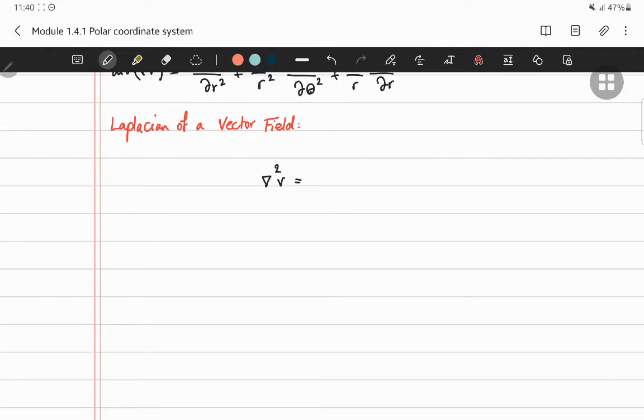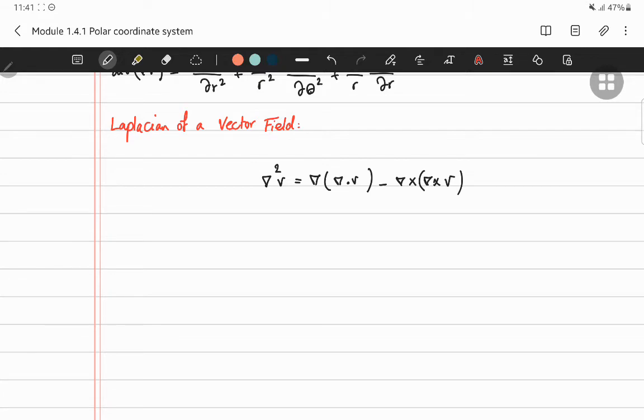So del squared v, where v is a vector, of course, is del of the divergence of v minus curl of curl of v. This is given in the book. But this can also be written as: del dot v here is an operation, this is a divergence, and the curl can be written as curl of curl, del cross v, something like this.